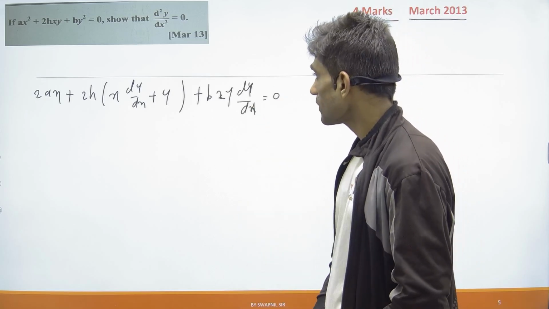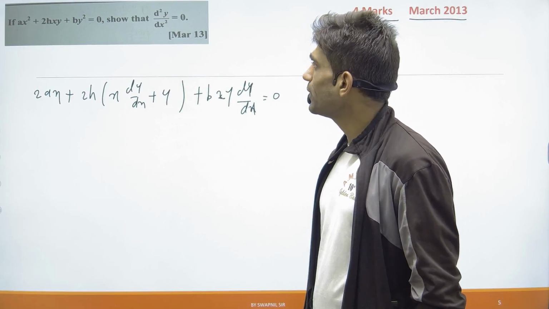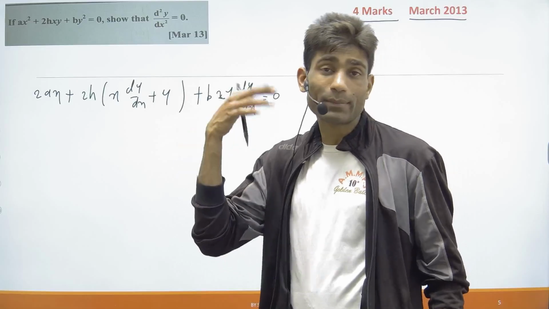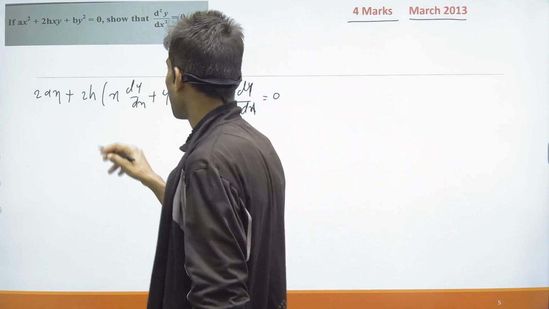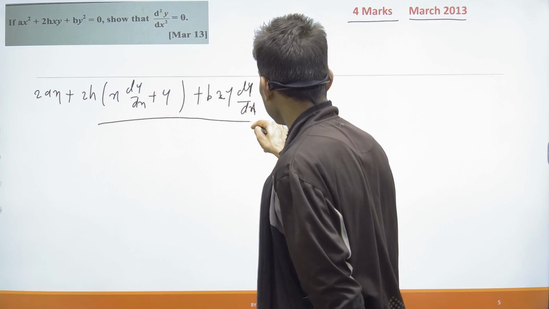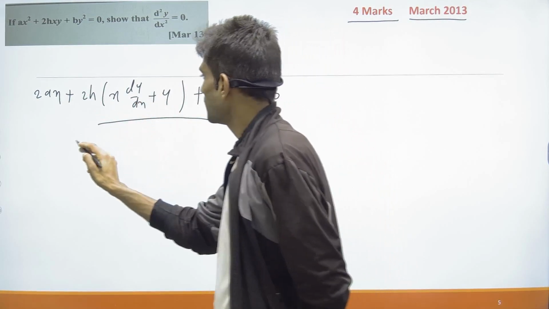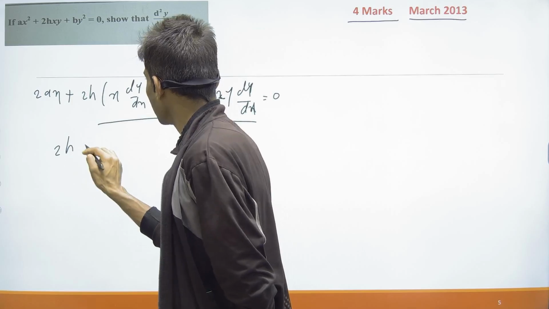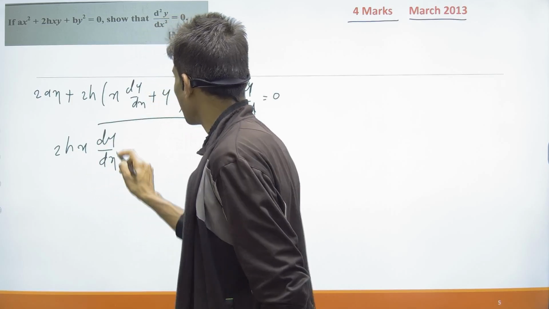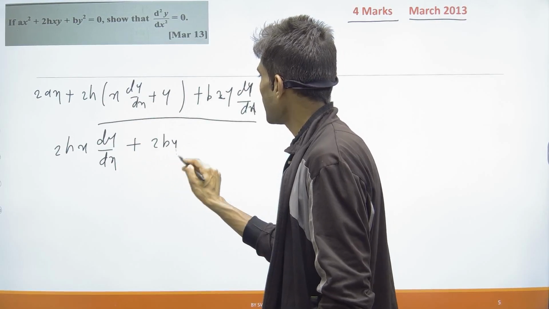Now take the similar terms common from here and create the value for dy by dx. So what we have here, these two terms give us the value dy by dx: 2 times hx dy by dx plus 2 times by dy by dx.